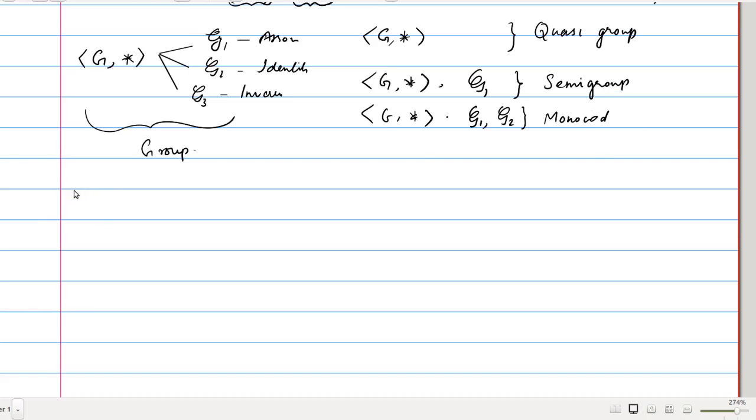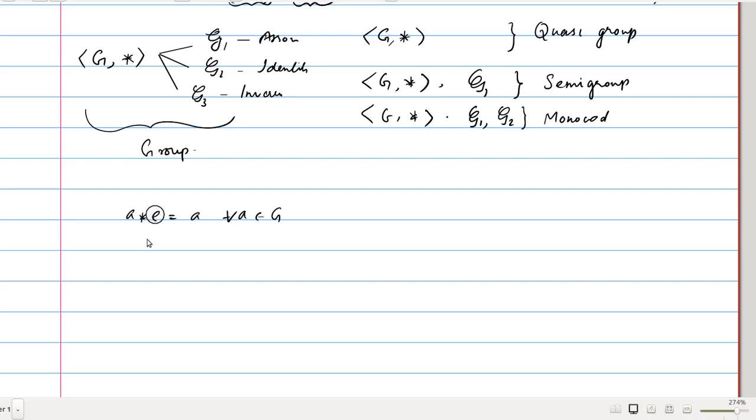Another remark is, if you consider the identity element, we know that A star E is equal to A for all A belonging to G. Then we call this E the right identity element of G, because we apply E on the right side.